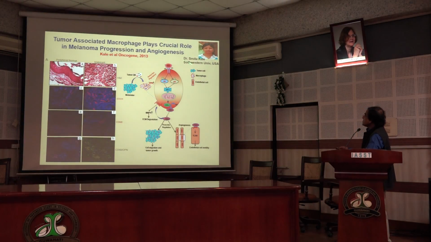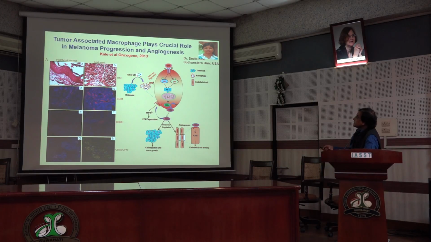Another student, who moved to Southwestern University, Dallas, Texas, worked on the tumor immunology aspects of osteopontin. She isolated macrophages from multiple sources, and once she interacted these macrophages with tumor cells, they became tumor associated macrophages and started to overexpress osteopontin. As I told you, it interacts with alpha 9 beta 1 in tumor associated macrophages and regulates melanoma growth and metastasis.